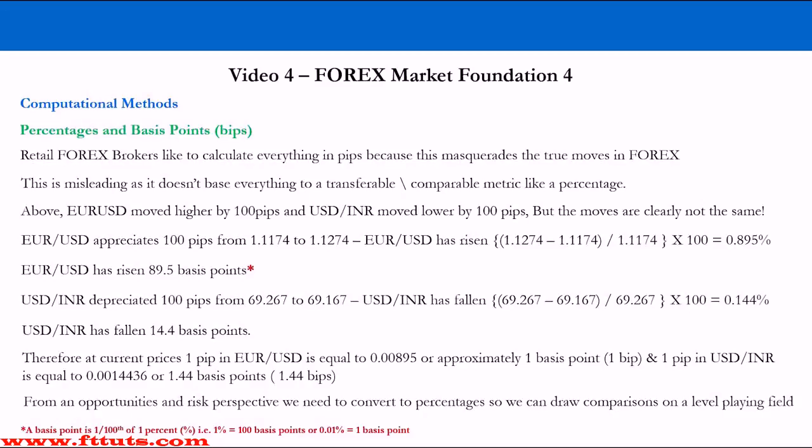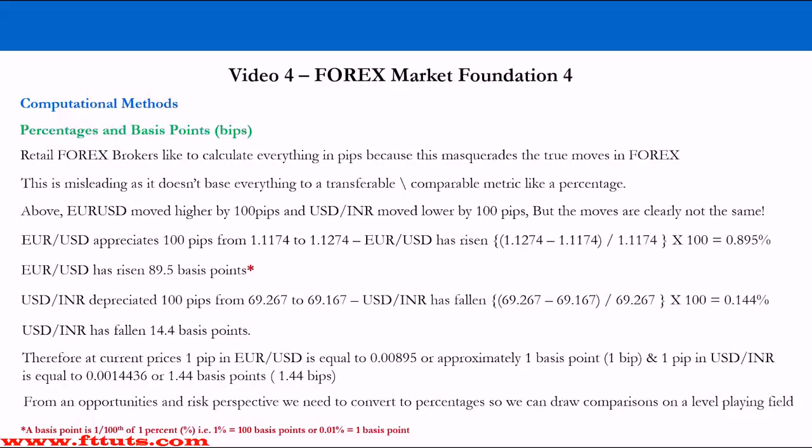And this is expressed in terms of basis points. And a basis point, we have the definition at the bottom of the screen here for you. A basis point is equivalent to 1/100th of 1%. So basically 1% equals 100 basis points.